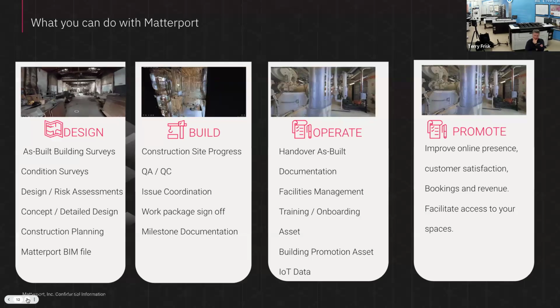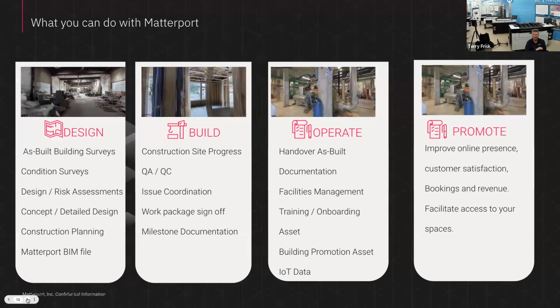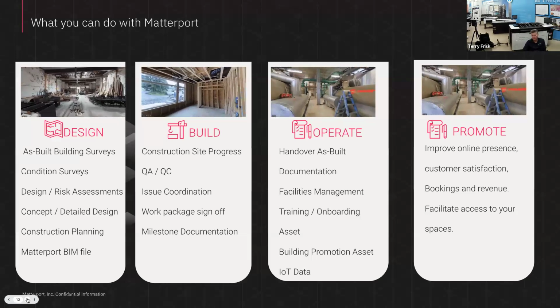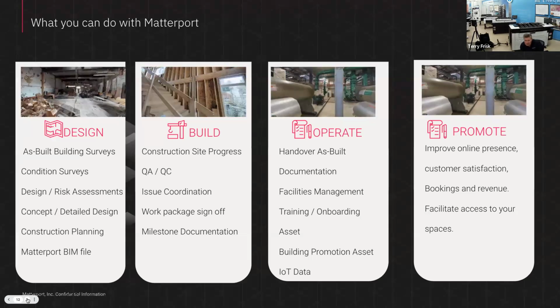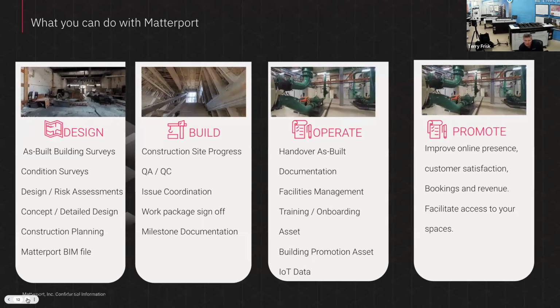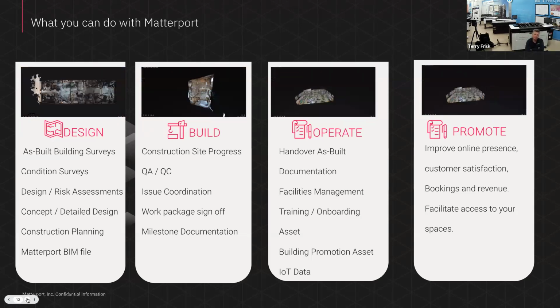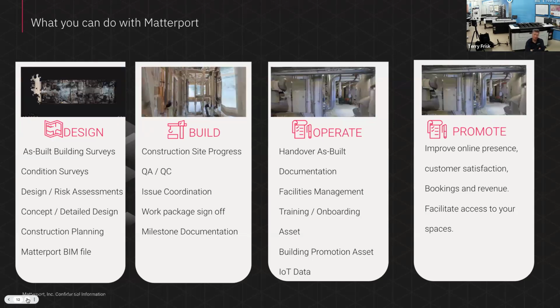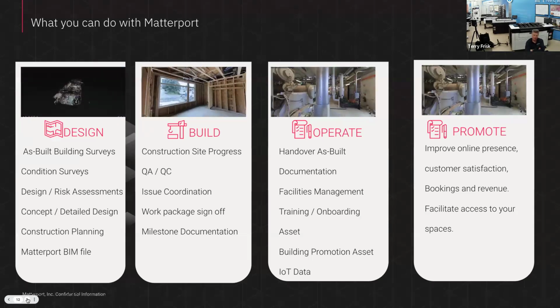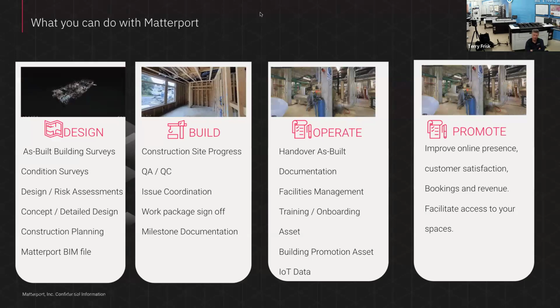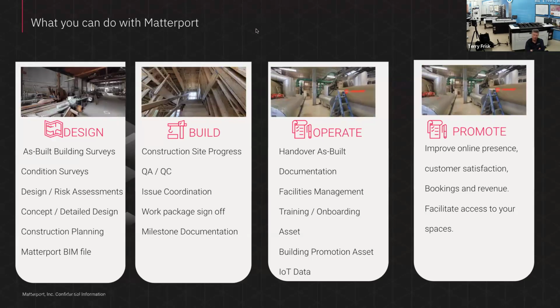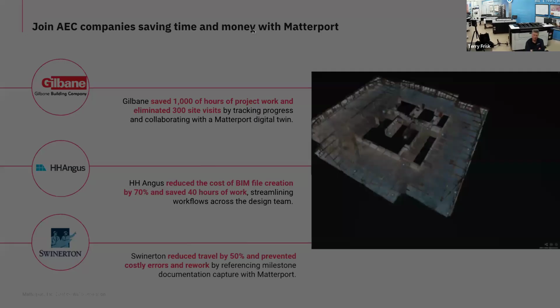People are online more than ever, and they want to understand where they're going to sleep, where they're going to work, where they're going to play, where they're going to buy. So having a better online presence, specifically with the Matterport digital twin, is becoming a must for a lot of companies that welcome the public in their space.